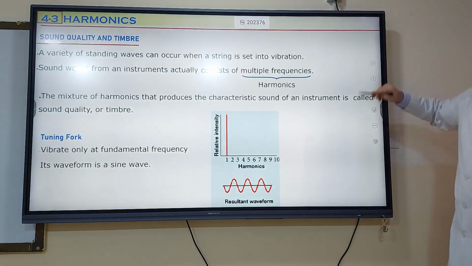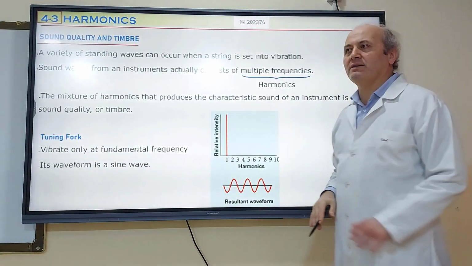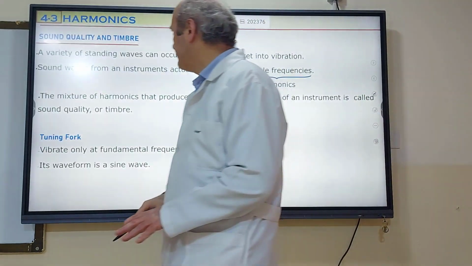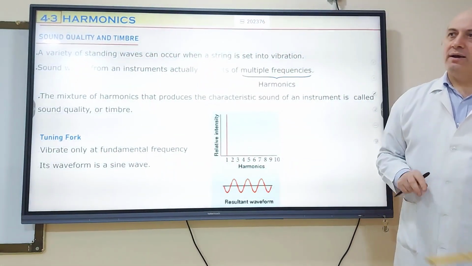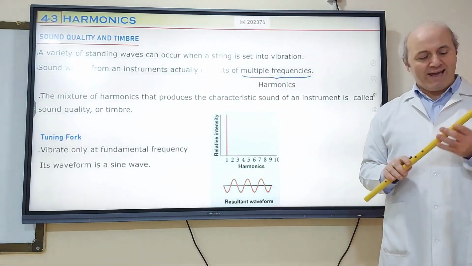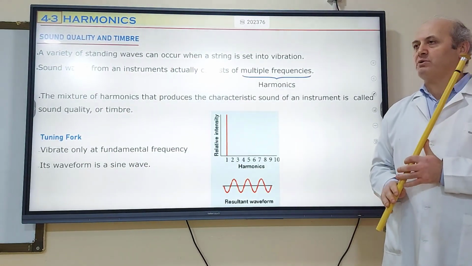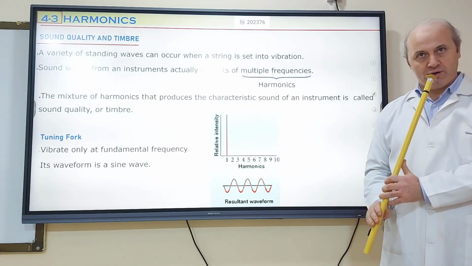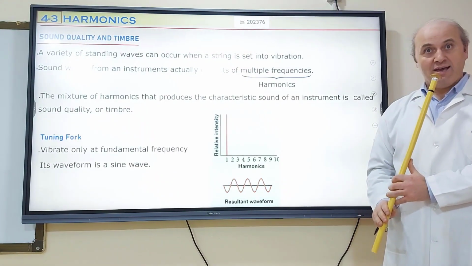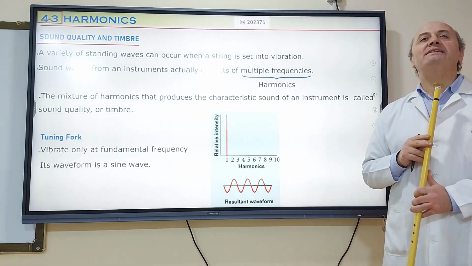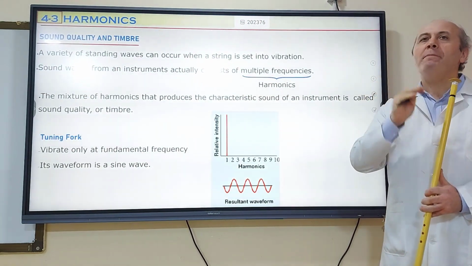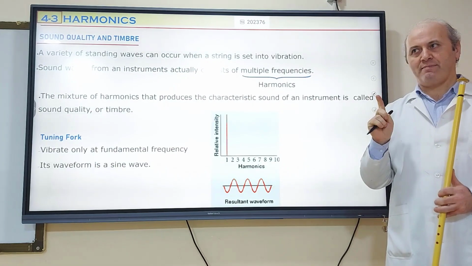Now, timbre, sound quality. When you blow this pipe, more than one harmonic can be present at the same time. The sound coming from this instrument is a mixture of many harmonics together. You hear that.